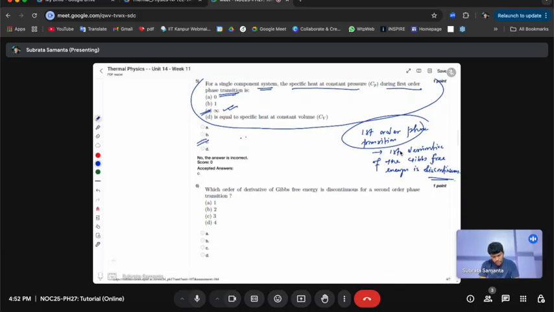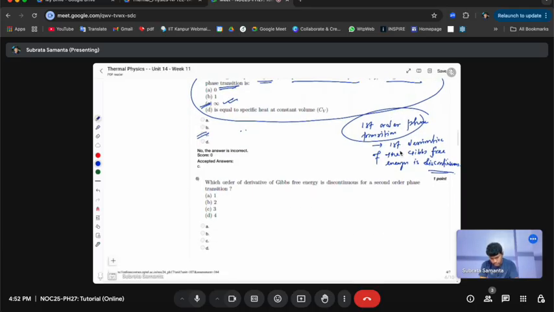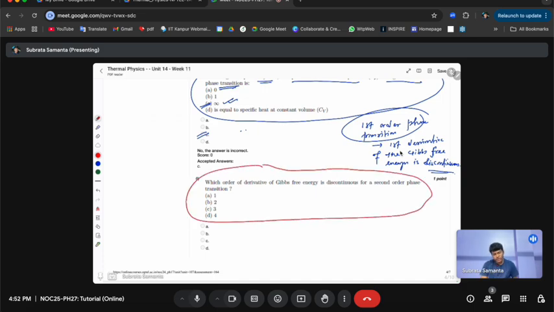Okay, so then I'll move to the next one. The next question is: which order of derivative of the Gibbs free energy is discontinuous for a second order phase transition? This is just what we discussed. For the first order phase transition, the first derivative of the Gibbs free energy is discontinuous.